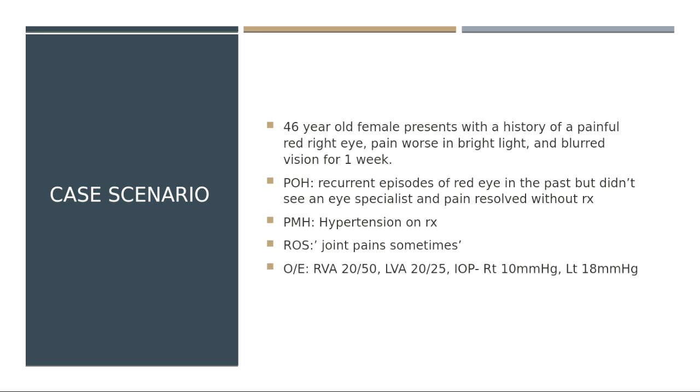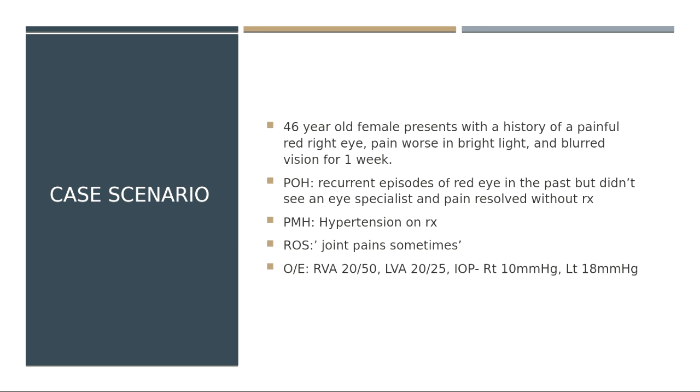So you have a case scenario of a 46-year-old female presenting with a history of a painful red eye, pain worse in bright light, so the patient has photophobia and blurred vision. They give a history of recurrent episodes of a red eye in the past.